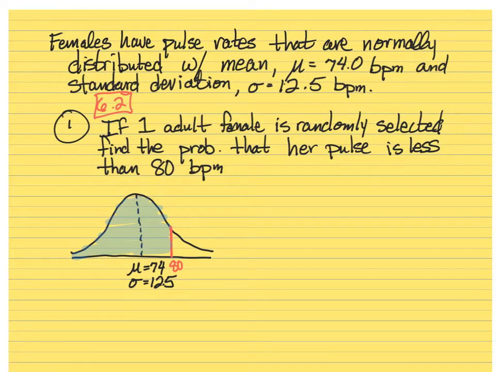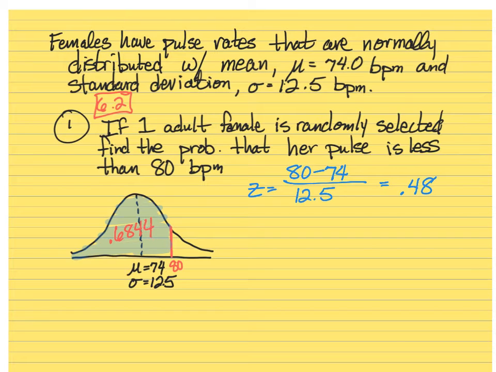We come in and we say we need to first find the z-score of our critical value. So 80 minus 74 divided by 12.5, right? Just using our regular formula, gives us a z-score of 0.48. And if we look up 0.48 in the positive z-scores table, we should get 0.6844. So what that means is this area is 0.6844.